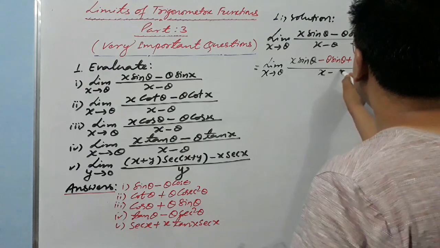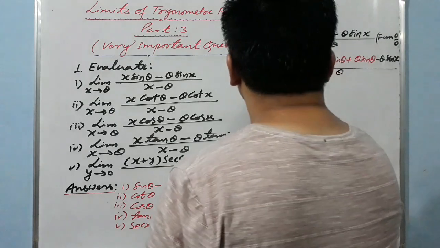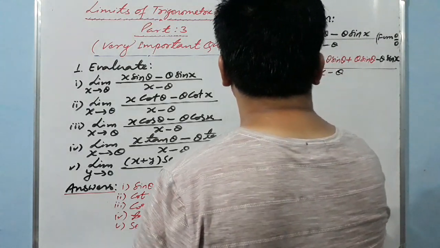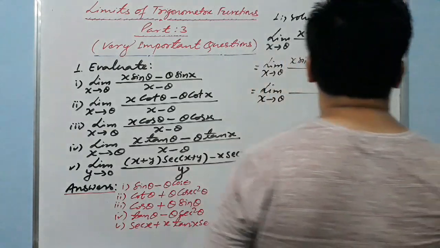And in the denominator, the same x minus theta. Now this is equal to limit as x tends to theta.